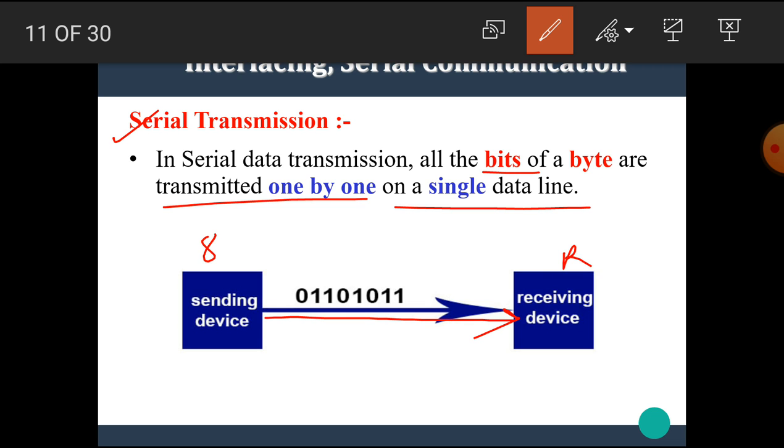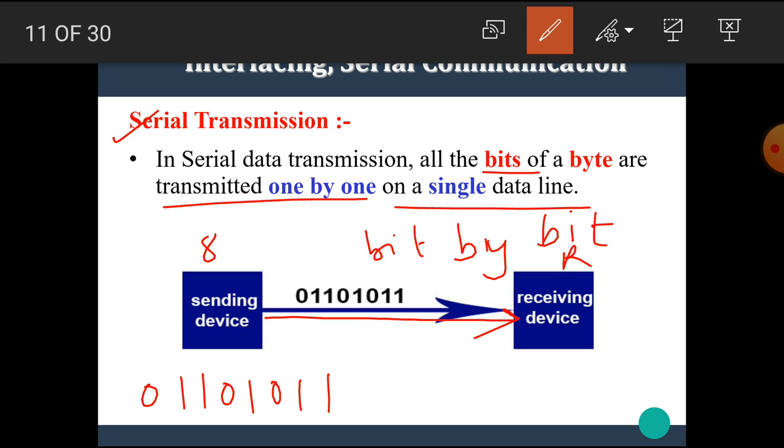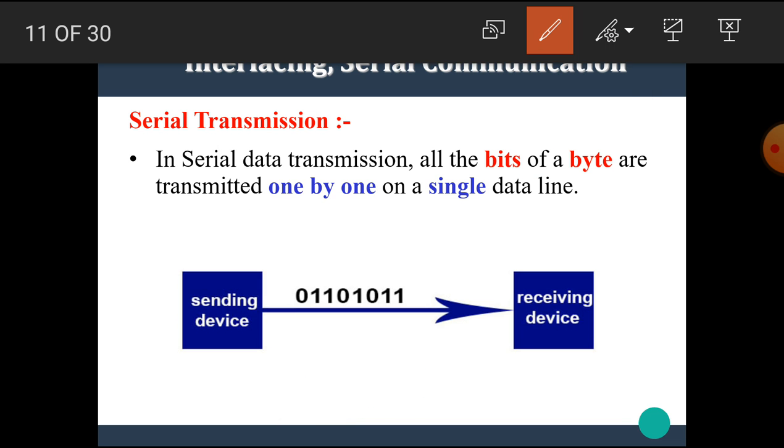The data is transferred bit by bit. That means if the data is 01101011, then the LSB goes first, then the next one goes, then this 0 goes. In this way the serial data transmission happens.